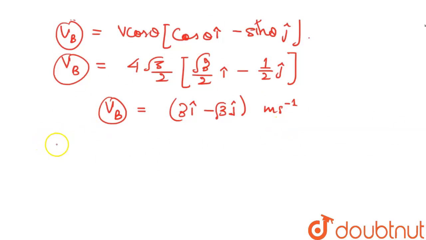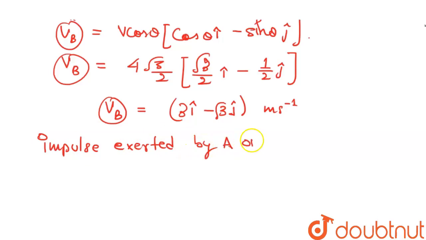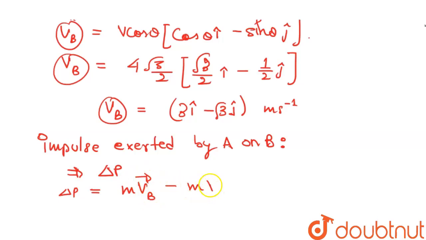So the impulse exerted by A on B will be m, since both the spheres have identical mass m, into VB minus m into UB. Since B was initially at rest, this will be 0.